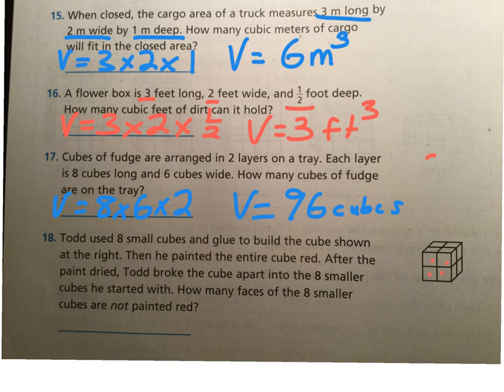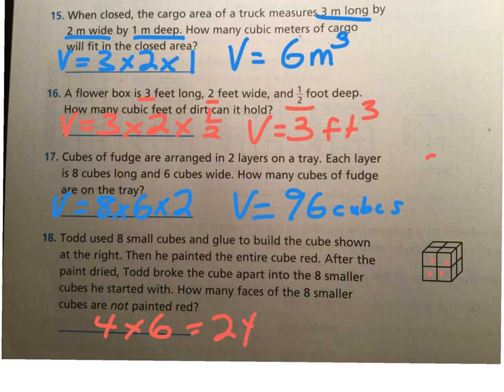So we know that if there's 4 of each of the large faces, that's 4 smaller faces colored red. There are 6 large faces made up by 4 smaller faces. That means 24 of the 1 by 1 faces will be painted red. 24 of the smaller faces are painted red, okay?